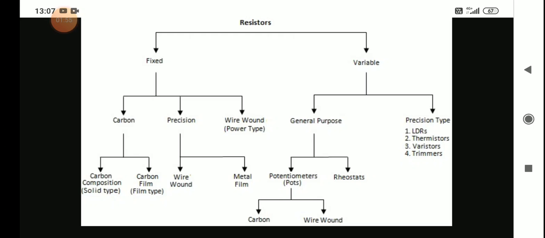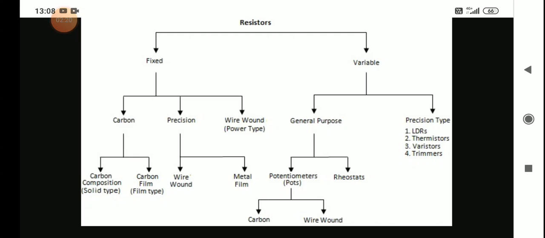Potentiometers are again divided into carbon potentiometers and wire wound potentiometers. The precision type potentiometers are LDRs, thermistors, varistors, and trimmers. So like this, the resistors are broadly classified into these classes.